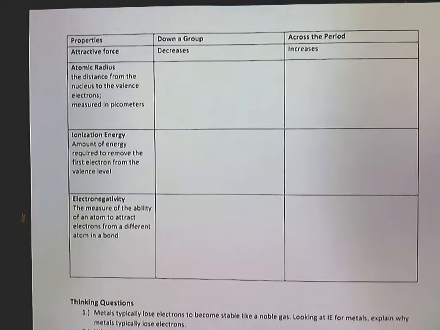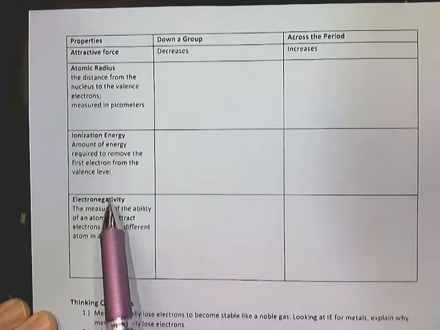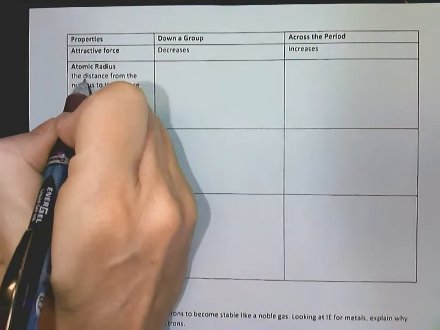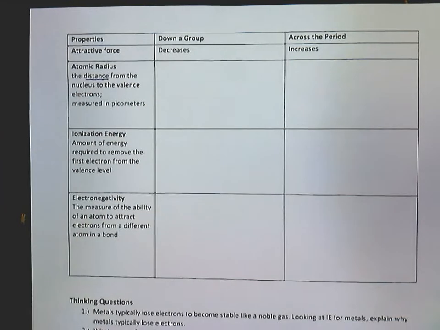So let's summarize the attractive force trends that we see going down a group and across the period for each of these variables. So atomic radius, remember, it's not just the size of the atom, but it takes into account the distance from the nucleus to the valence electrons. That will determine the radius of the atom, or the atomic radius.